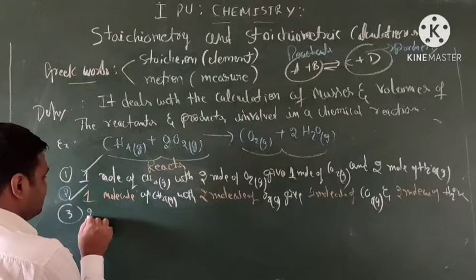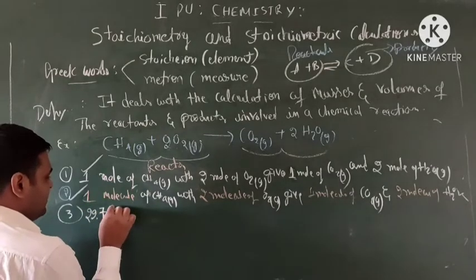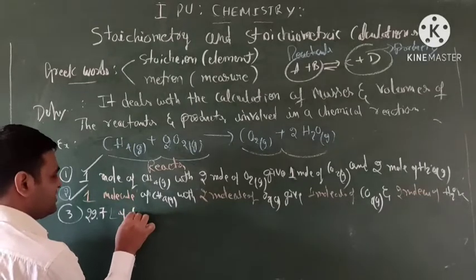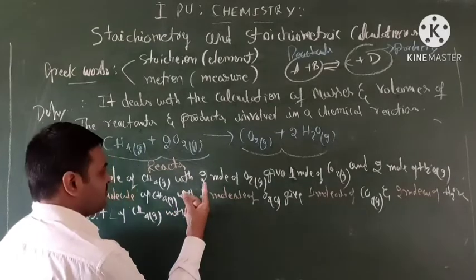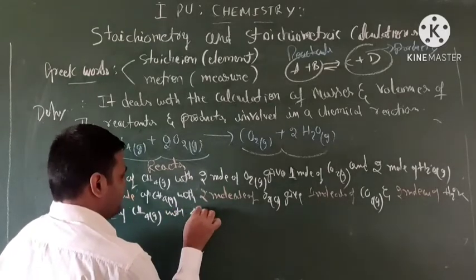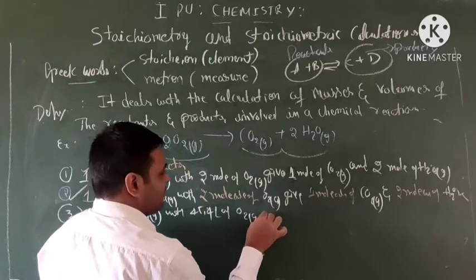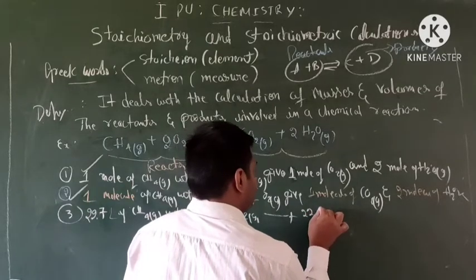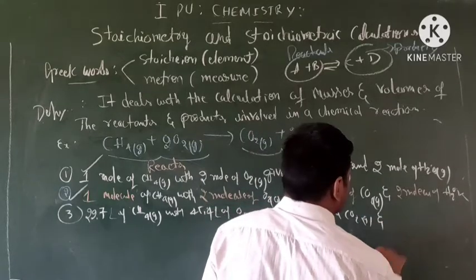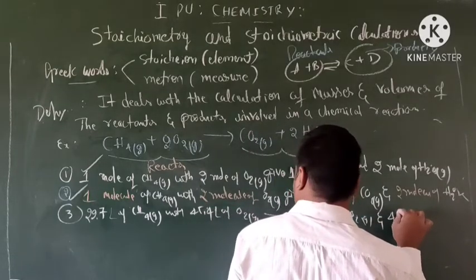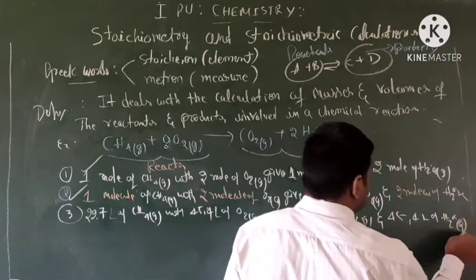On that concept, 22.7 liters of CH4 gas with 2 times that, 45.4 liters of oxygen, give 22.7 liters of carbon dioxide gas and 45.4 liters of water in gaseous form.